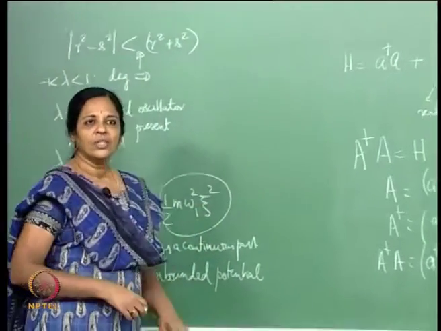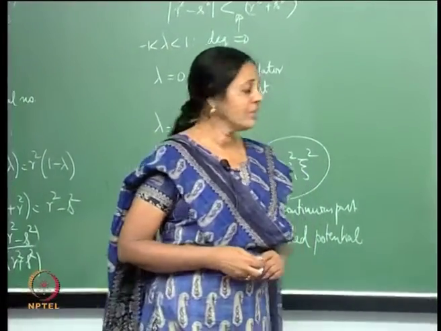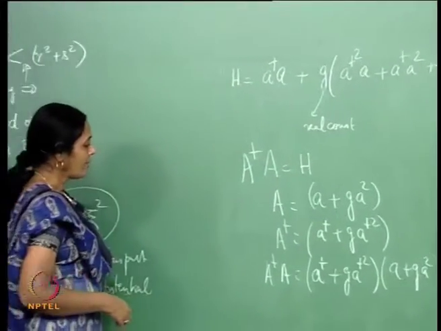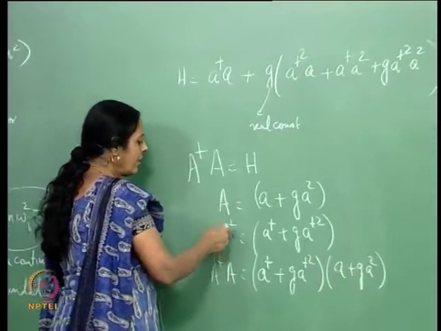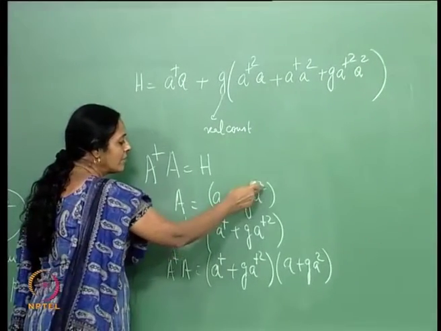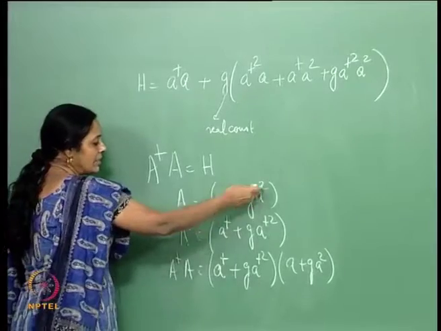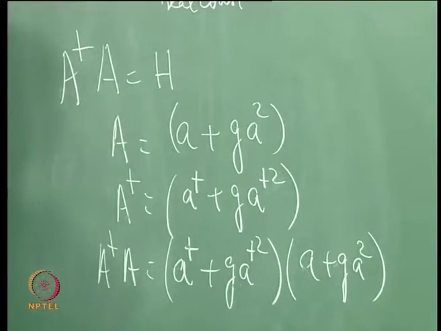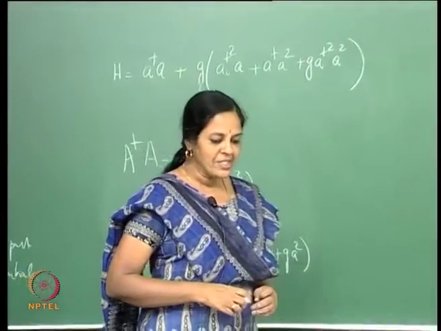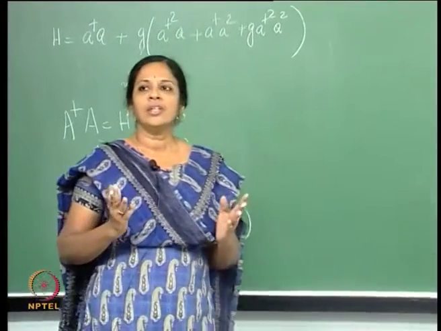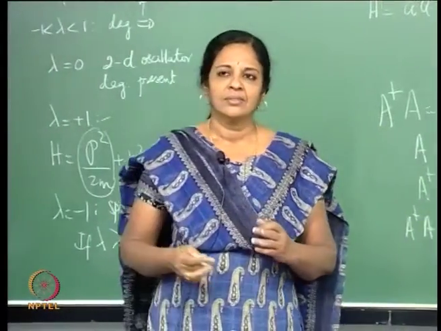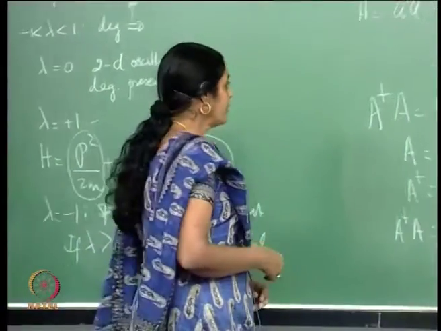So, indeed it is true that this is an example of a Hamiltonian which can be written in this diagonal form A dagger A, except that A and A dagger themselves have quadratic terms in little a squared and little a dagger squared respectively. What about the spectrum? While the spectrum itself is a little bit messy to get, first of all, is the ground state of the harmonic oscillator also a ground state of this Hamiltonian?